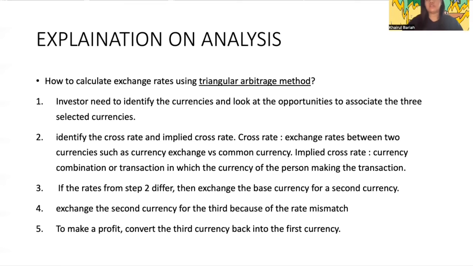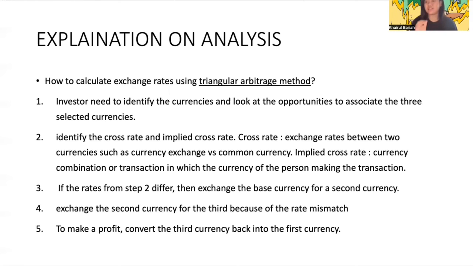And then we need to identify if the currency is cross rate and implied cross rate. Okay, what is the cross rate? Cross rate is exchange between two currencies, such as currency exchange versus the common currency. So Malaysia currency versus the currency exchange, for example, Malaysian ringgit versus Thai baht versus Philippine pesos.